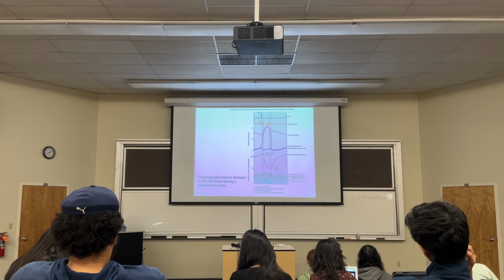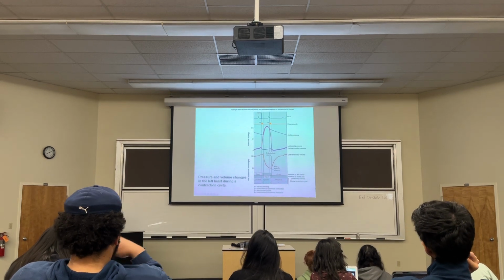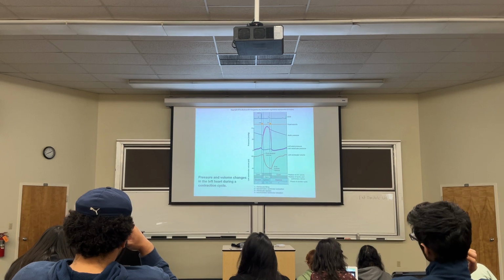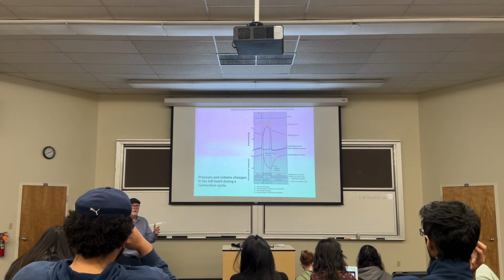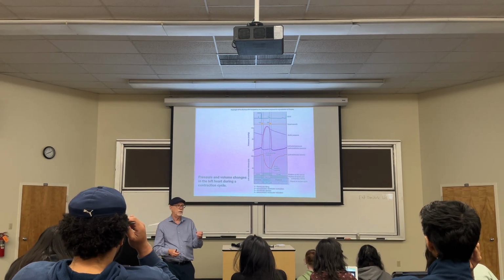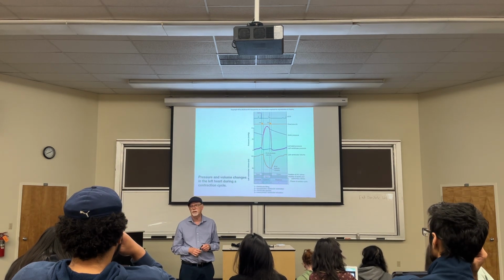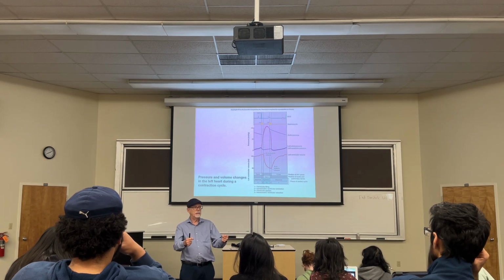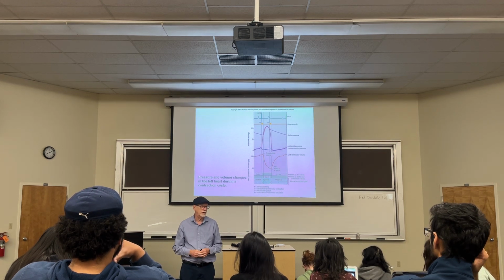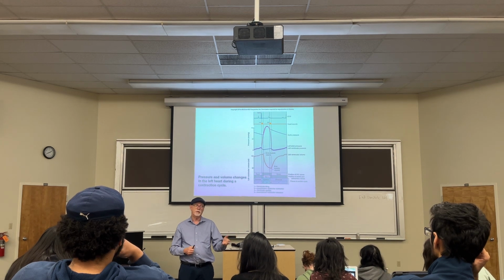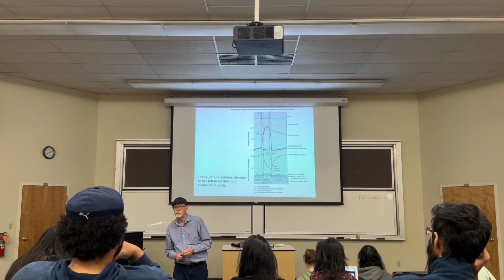So simply by looking at this graph and knowing the changes in volume correlated to the changes in pressure, we can tell if we're in systole or diastole, we can tell which subphase we're in, and we can tell which valves are open and which valves are closed. Are they both closed? We're in an isovolumetric phase, either isovolumetric contraction or isovolumetric relaxation.